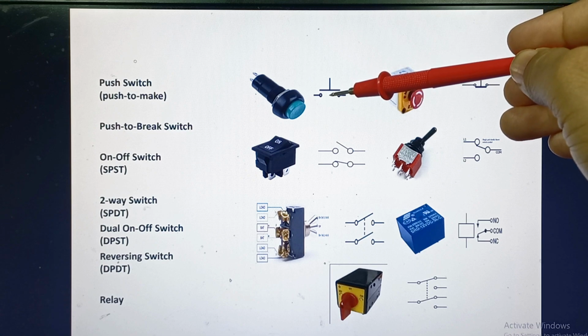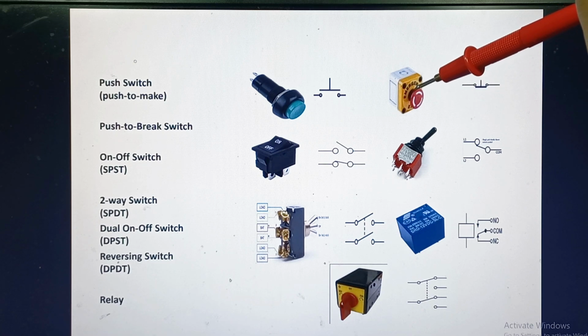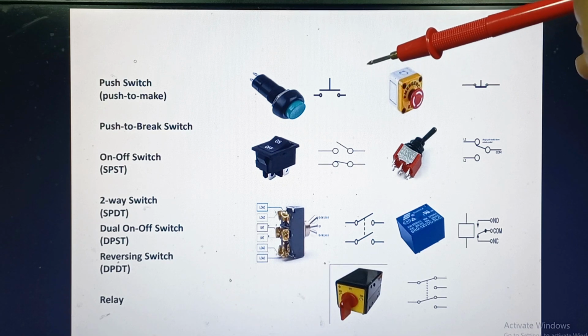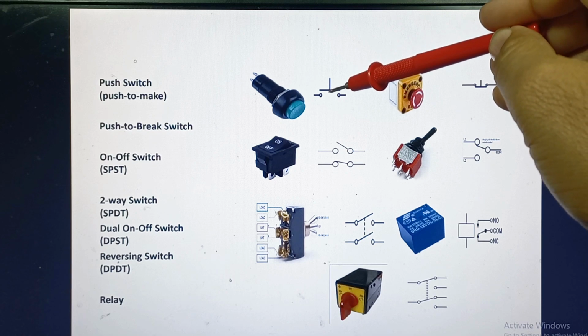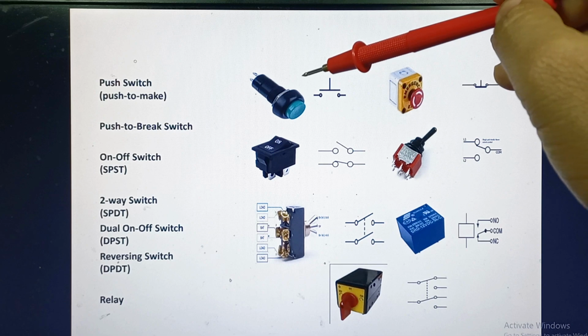These are single throw switches. Throw refers to the extreme position of the actuator. ST closes a circuit only at one position. In both these cases, you can see the other position of the handle is off.